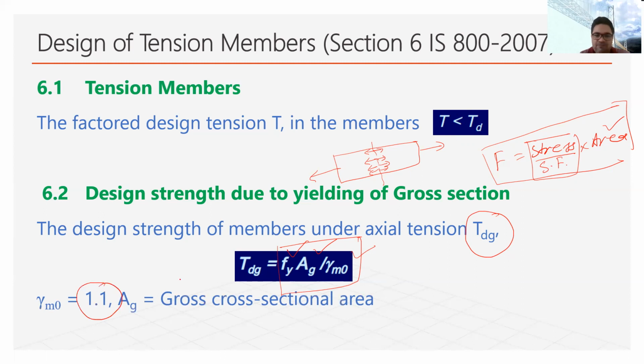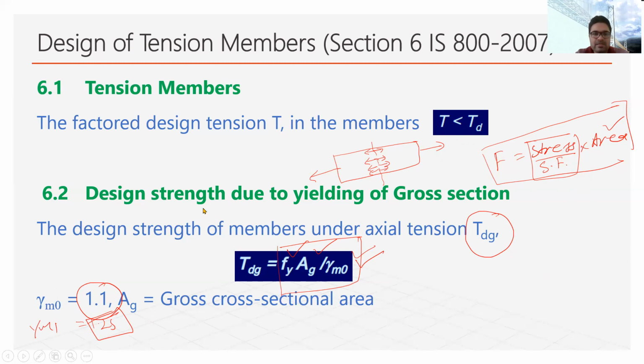If we are using the Fu value in place of Fy, then gamma m0 becomes gamma m1, which is 1.25. We need to understand these things also. Ag is the gross cross-sectional area. So this is the first formula we will use to calculate the yield strength of the gross section. The gross section is the section which has no holes.